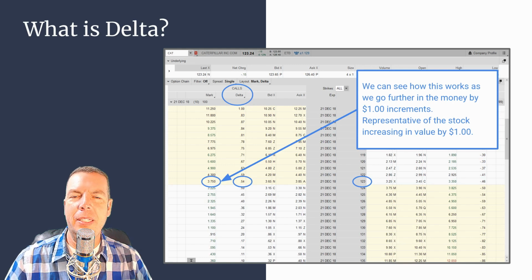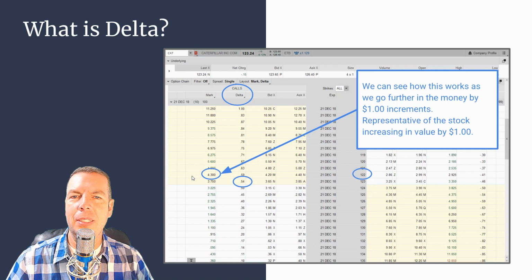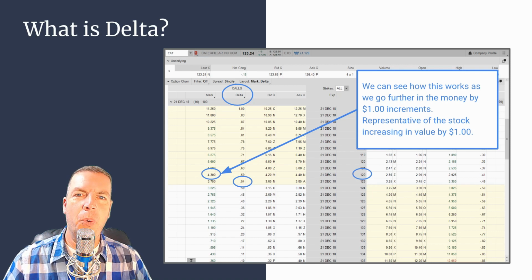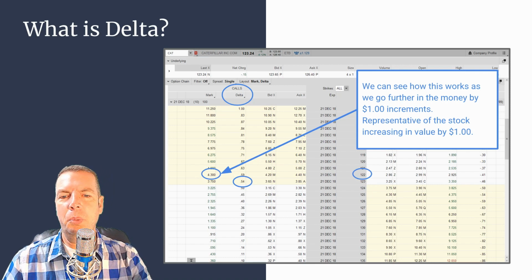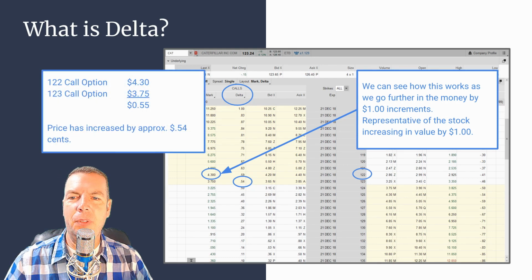So if the stock increased by $1, which would represent being in the money one more dollar, and we went up to that 122 strike, you can see that the market price here is going to change from $3.75 to $4.30, which would be approximately 54 cents. So we take the difference of the 122 call option market price versus the 123 call option market price, and you can see that the value has increased by approximately 54 cents.